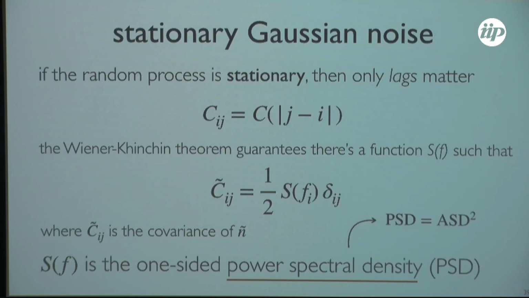Let me rephrase it. You take a stationary Gaussian process, the samples are not necessarily uncorrelated, so you have a covariance matrix that is not diagonal, it has components all over the place. However, if it's stationary, you know that if you Fourier transform the data, the covariance matrix of the Fourier amplitudes will be diagonal.